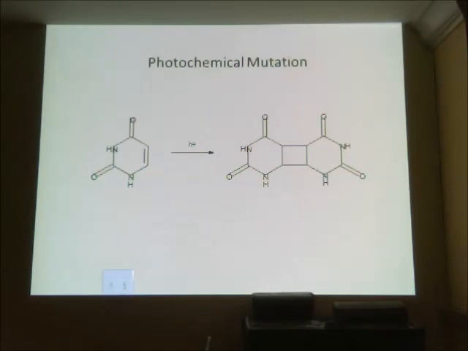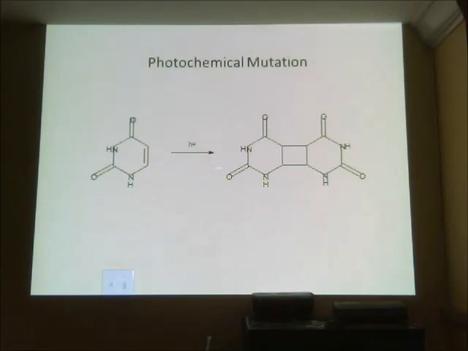This can also happen with cytosine, so we could also get a cytosine dimer. In organic chemistry, this is called a 2+2 cycloaddition reaction, and it gives us this 4-membered ring, which is a cyclobutane ring.